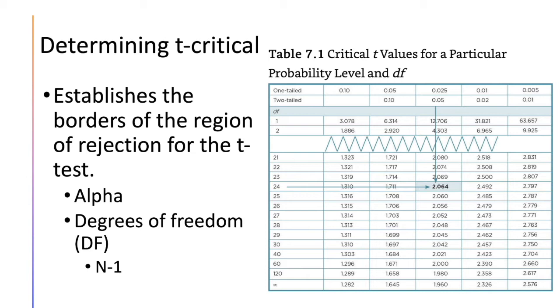So in the example that comes from your textbook, our degrees of freedom are 24. Our alpha is 0.05, two-tailed, and that creates a region of rejection that is bordered by plus 2.064 and minus 2.064. A score above 2.064 or below a negative 2.064 lands in our region of rejection.